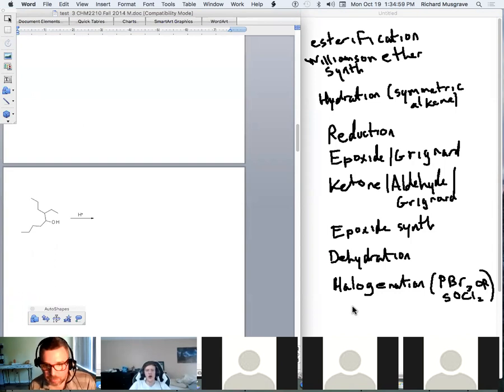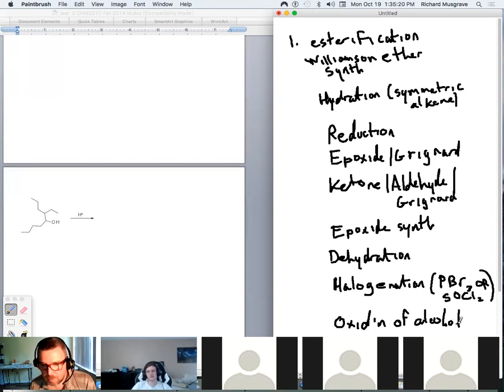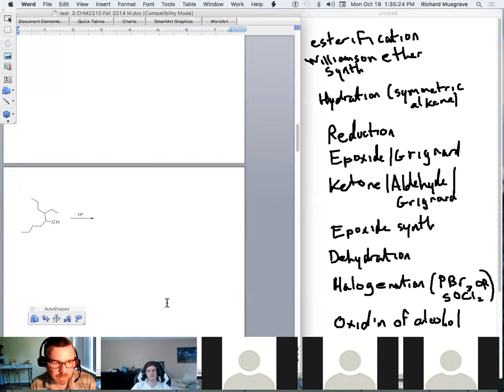And the other ones, let's see, it could be oxidation. Oxidation of alcohol. Let me look through the list here. I'll just see what else that could be.